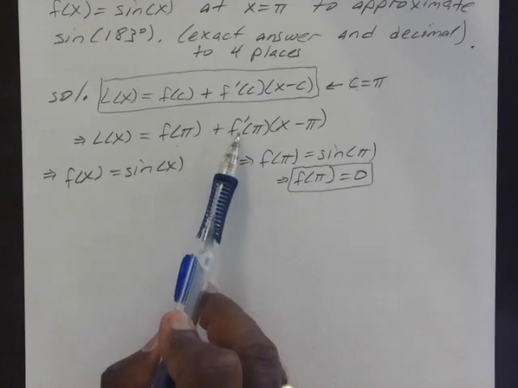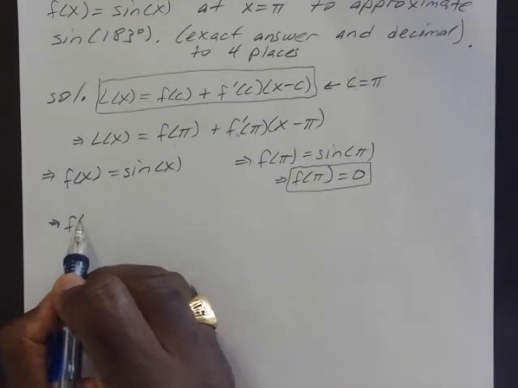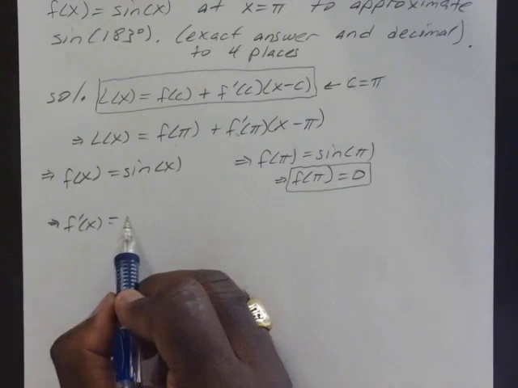Okay. Now we have to find f prime of pi. So f prime of x is equal to the derivative of sine, which is cosine.